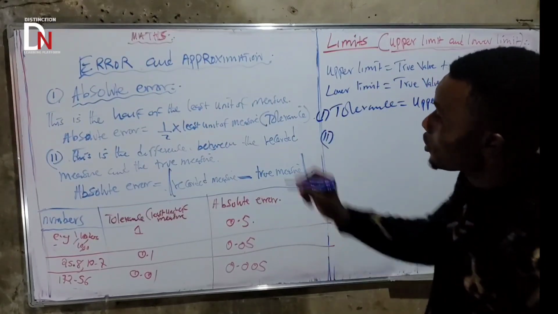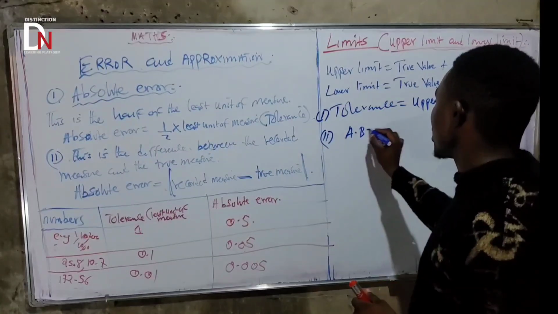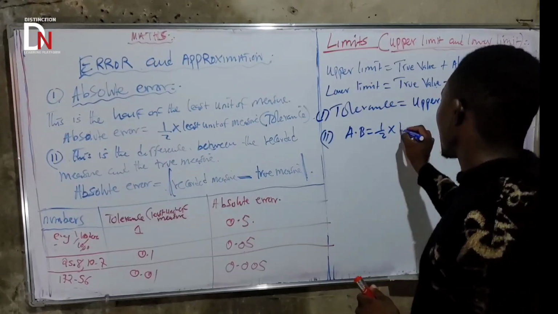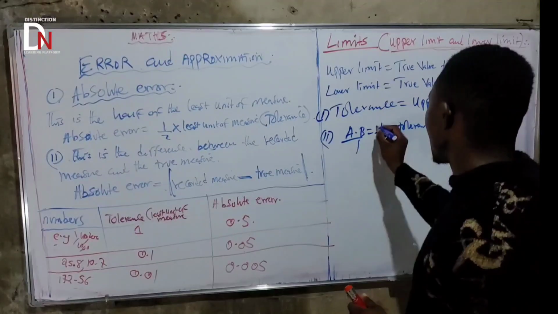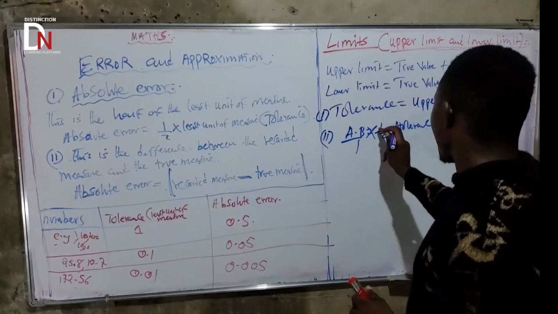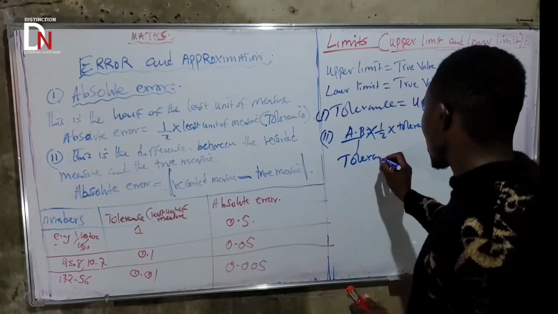Another formula, recall that when we are finding the absolute error, we said this is half multiplied by the tolerance. If I were to say over 1, then I cross multiply. 1 multiplied by 1 is 1. Multiplied by the tolerance, I should be able to get the tolerance.